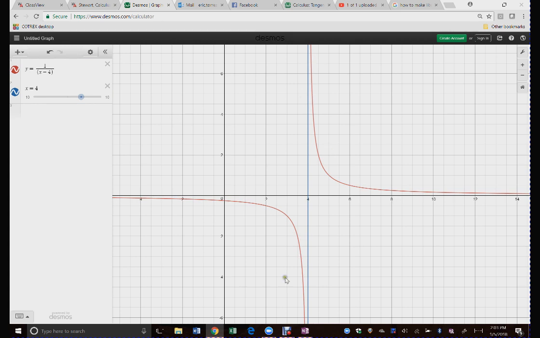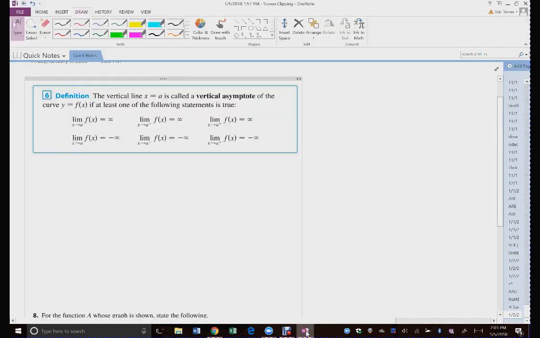Now, what I'd like to talk about now is the definition from limits of a vertical line. Okay. The vertical line x equals a is called the vertical asymptote of the curve y equals f of x if at least one of the following statements is true.